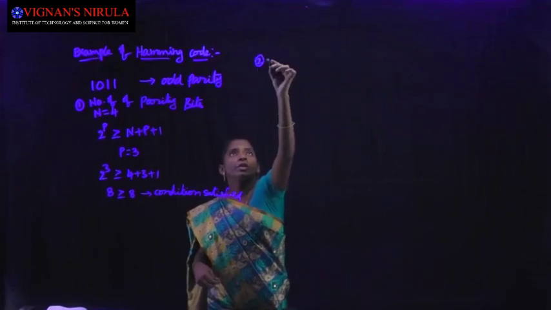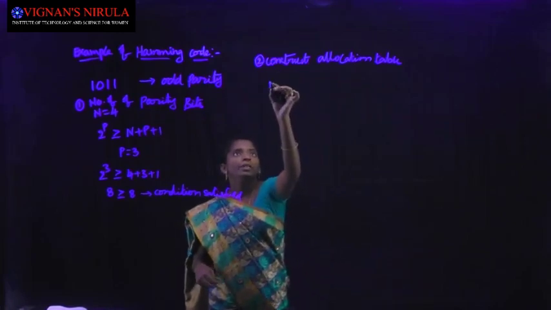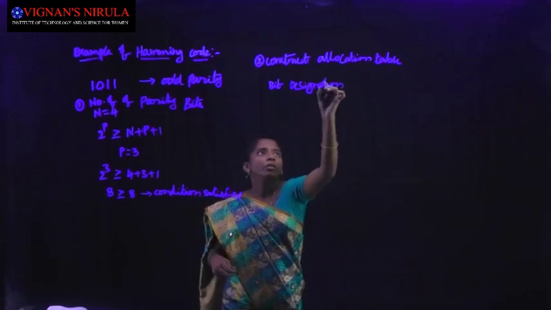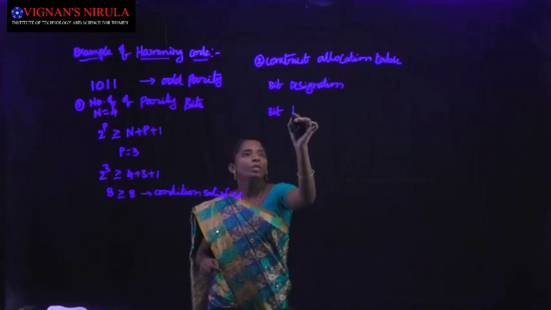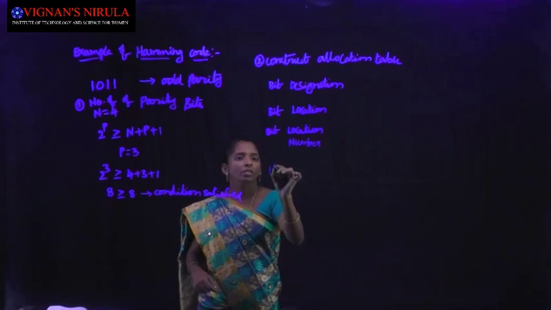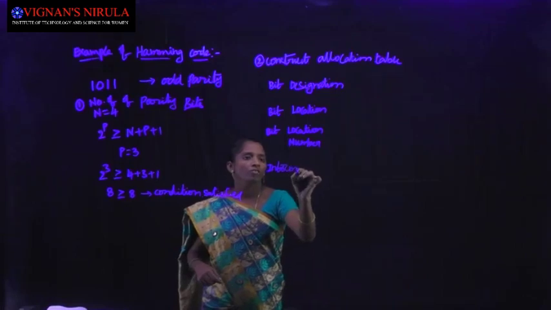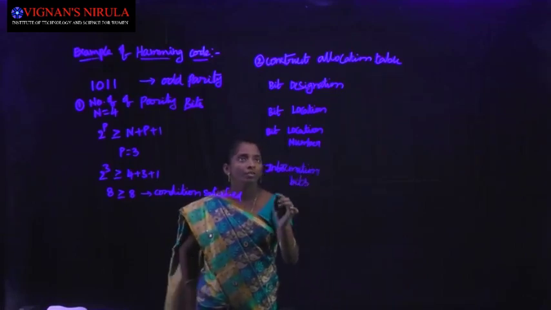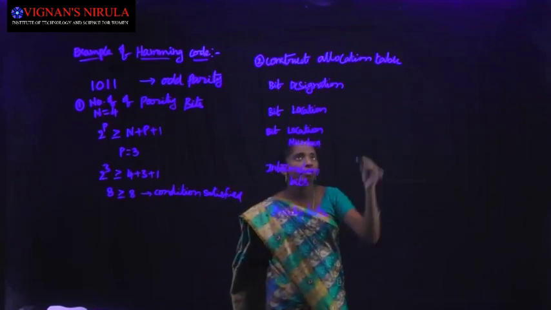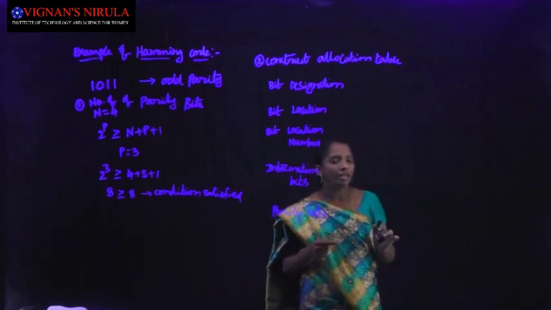The allocation table contains the bit designation, the second one is the bit location, the third one is the bit location number, the fourth one is the information bits, and the fifth one. For the bit designations, we have a total of 7 bits. We have 4 information bits and 3 parity bits.